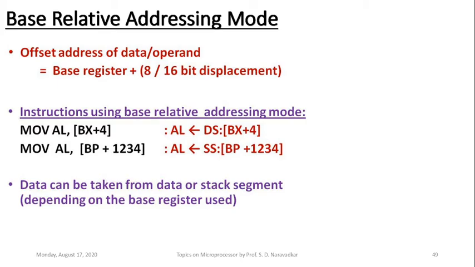Okay, so from the data segment at an offset which is given by BX plus 4, a byte is read, and this particular byte is nothing but the operand byte, the data byte, and this byte will be copied to the AL register. So in this case, as that base register is BX, that data is taken from the data segment here, because BX will always define the offset from the data segment.